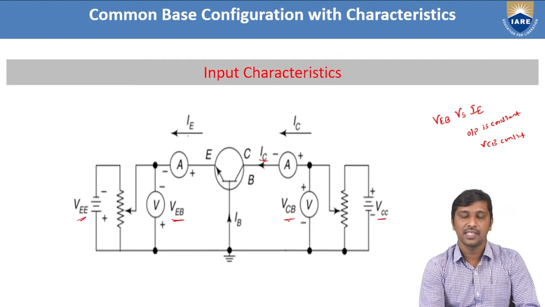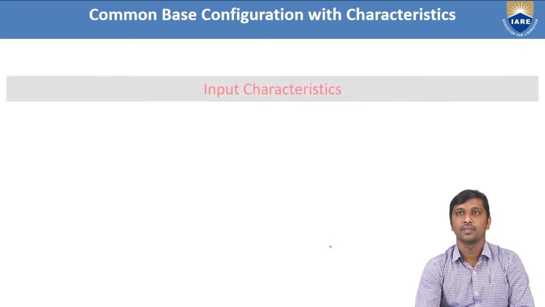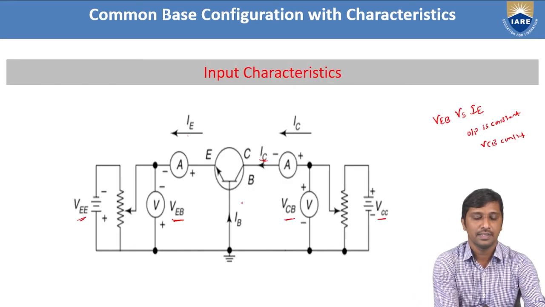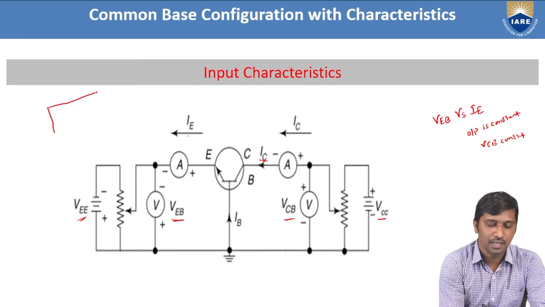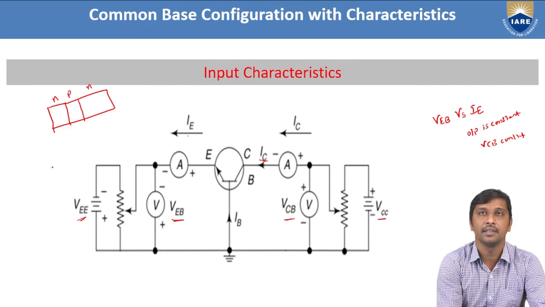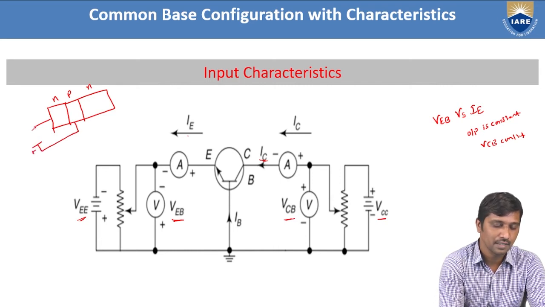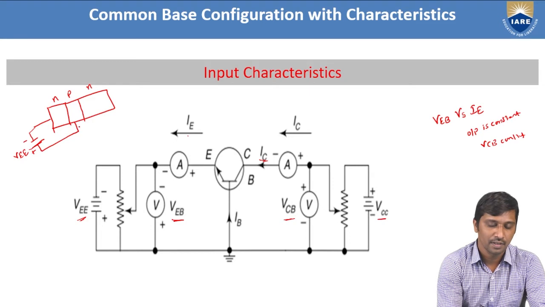By making VCB constant, let us assume VCB is 0. Let us consider this is your NPN transistor: this is the N, this is the P, and this is the N. On the input side we need to make the forward bias; this is the plus, this is the minus, and this is represented as VEE.